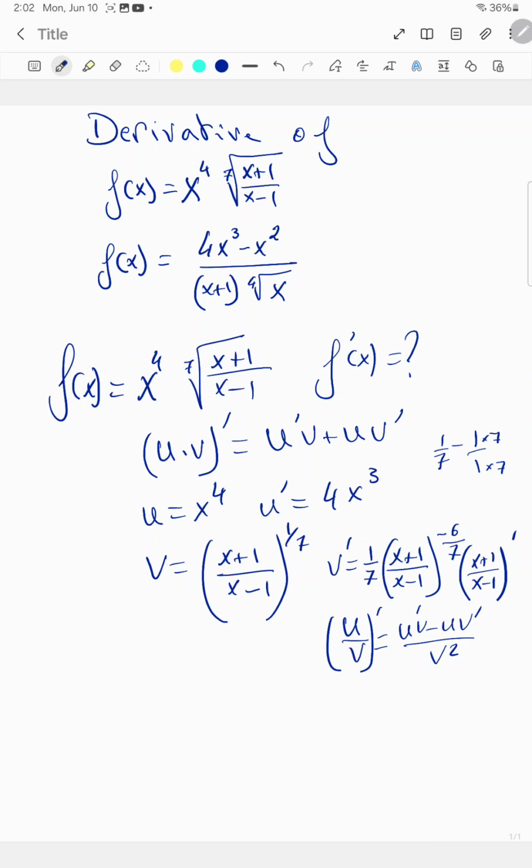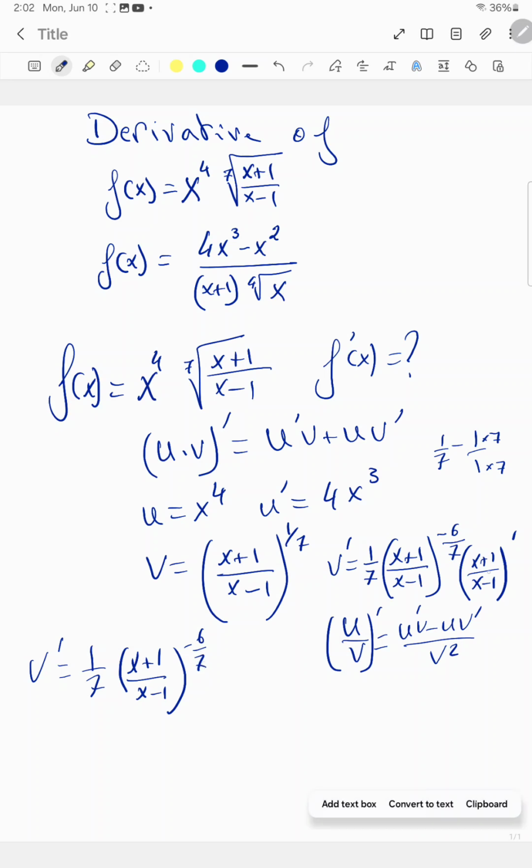So let's finish my v prime. My v prime is equal to 1 divided by 7, (x plus 1) divided by (x minus 1) to the power of minus 6 over 7. And now (x plus 1) divided by (x minus 1) prime, I'm doing this here. It's u prime, my u is x plus 1, so u prime, the derivative of x plus 1, is 1, because the derivative of x is 1.